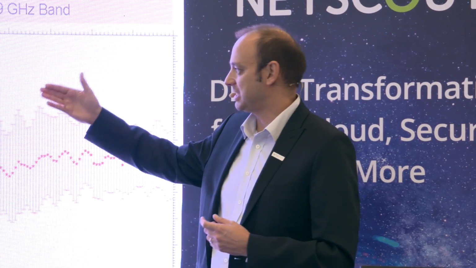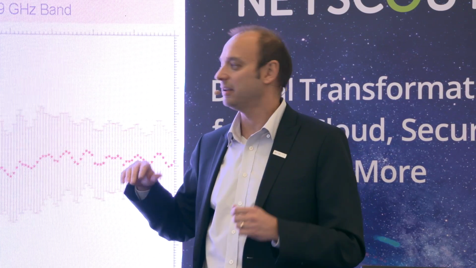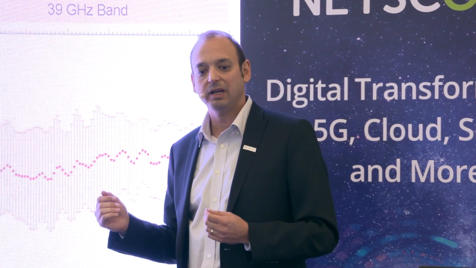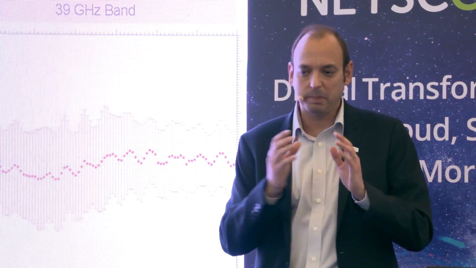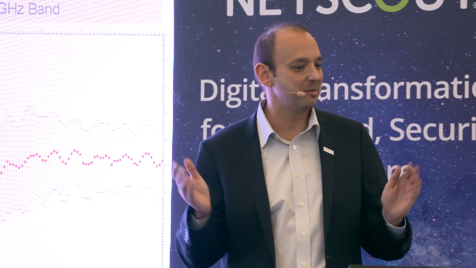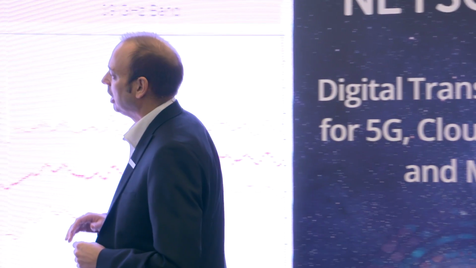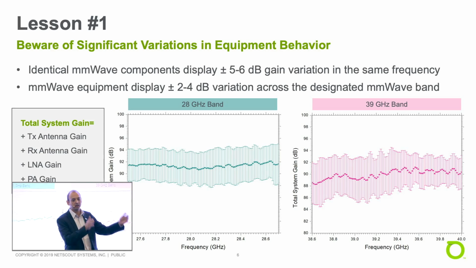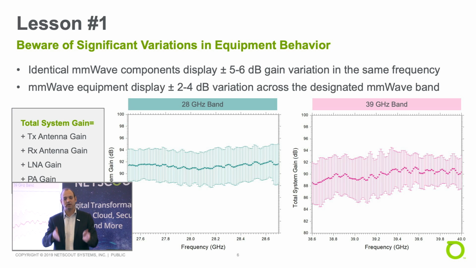That is 16 transmit antennas, 16 receive antennas, 16 LNAs, and power amplifiers. And these were identical in terms of the part numbers. We bought the same exact equipment 16 times, and we used that. I call this the total system gain, basically the addition of all the gains associated with the antennas, power amplifiers, low noise amplifiers, and all of that.